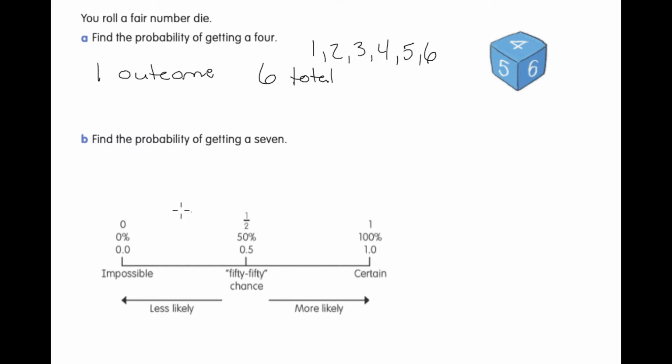So our probability of rolling a 4 is 1 out of 6, and that is less than a half, so we would have a less likely chance of that occurring. Although they are all equal chances from 1 through 6, the probability of rolling a 4 would be 1 out of 6, which is less likely to occur.